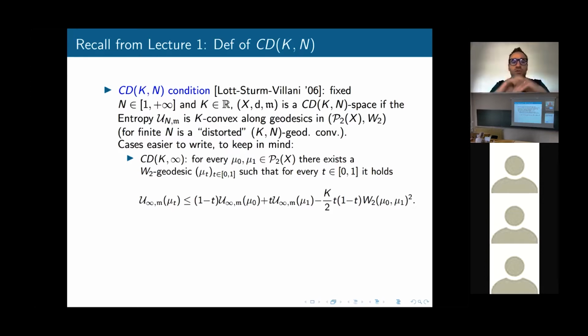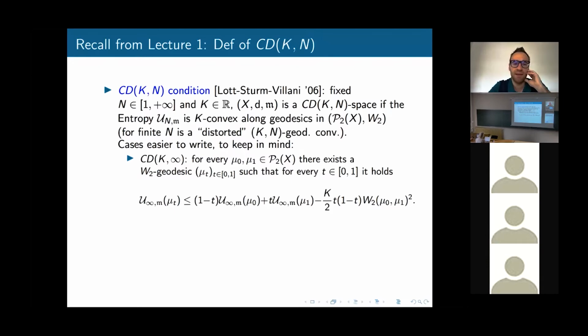So the idea is to ask for concavity of the entropy along a geodesic of probability measures connecting these two very concentrated and very close measures. But you cannot ask it for any geodesic. You have to ask it just for a geodesic which is shot by a Kantorovich potential with very small Hessian.